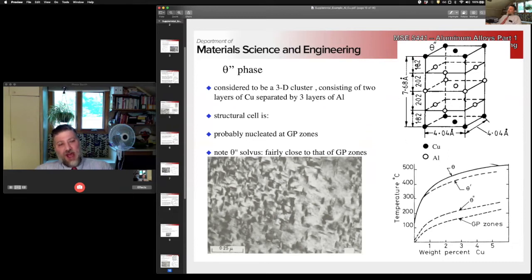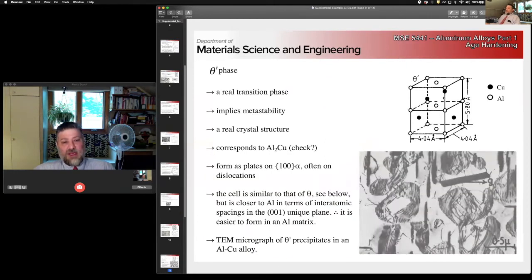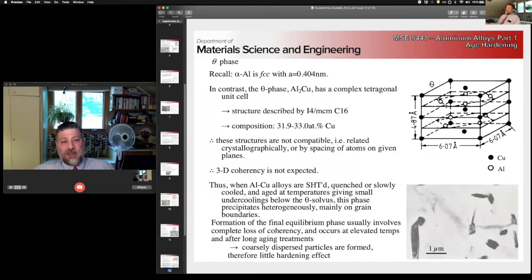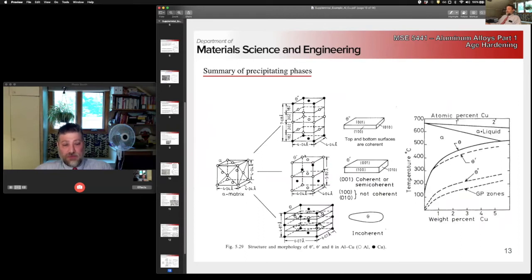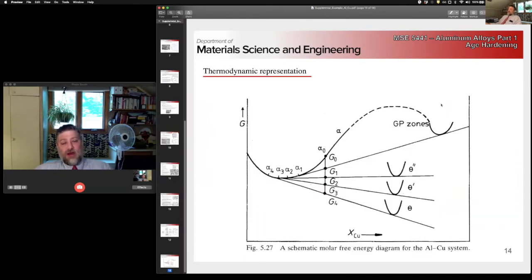These nucleate at the GP zones heterogeneously, and we'll talk about what that means, of course, later. The theta double prime, again, this is another ordered compound, and the theta prime is a very large tetragonal unit cell. Again, these are ordered intermetallic compounds, right?